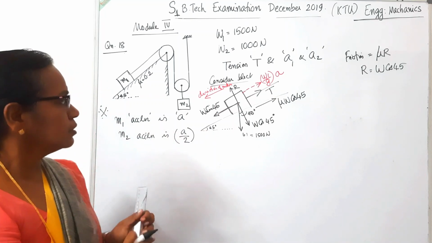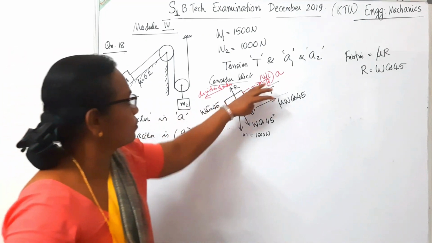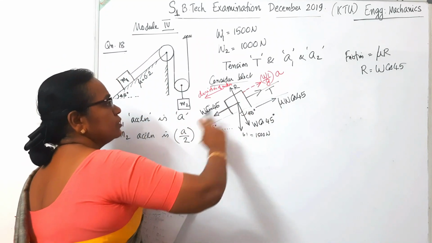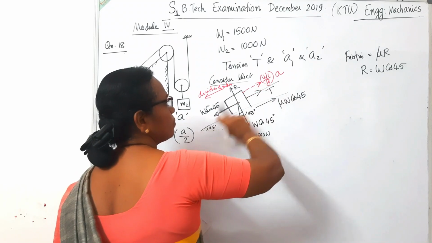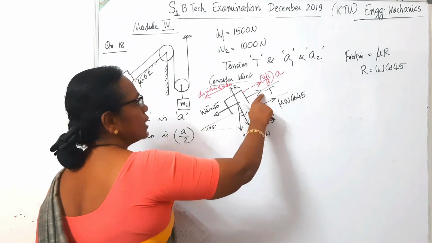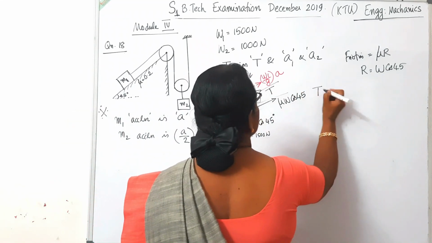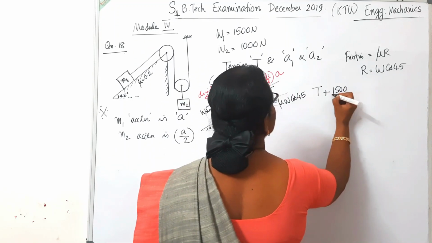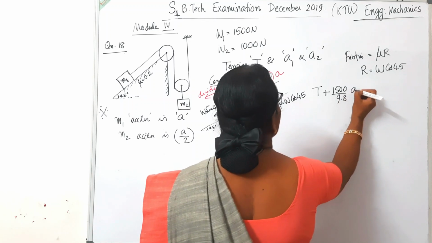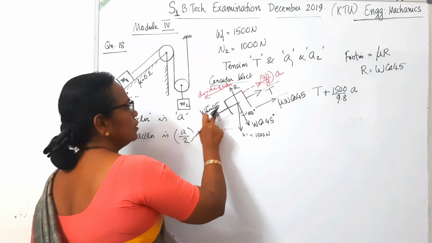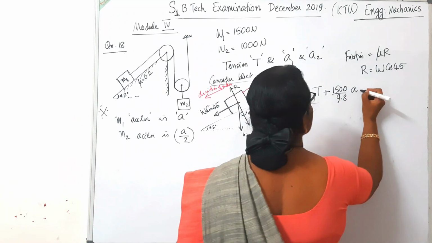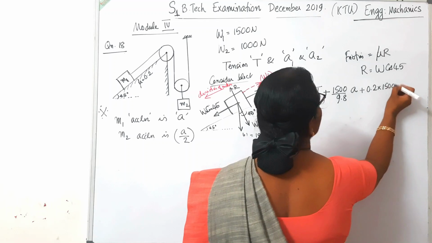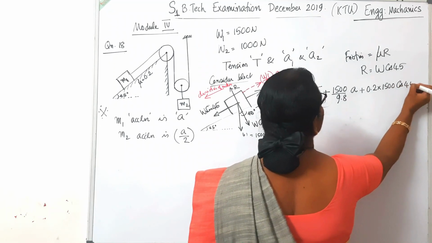Now we consider the equilibrium along the plane, because this body is moving along this direction. Considering the equation of equilibrium parallel to the plane, the forces acting upward are T plus W1 by g into A, that is 1500 by g into A. These are the two forces acting upward. Then mu W cos 45, where mu is 0.2 and W is 1500 cos 45.